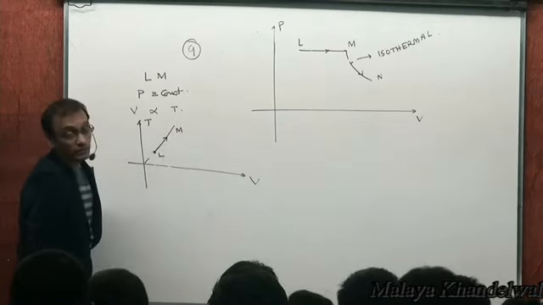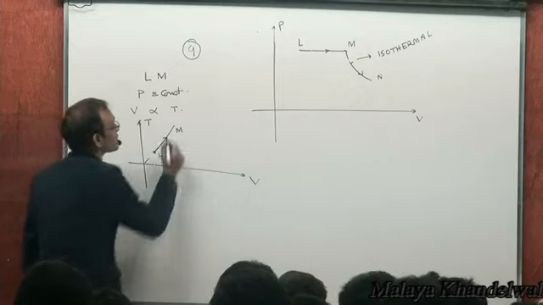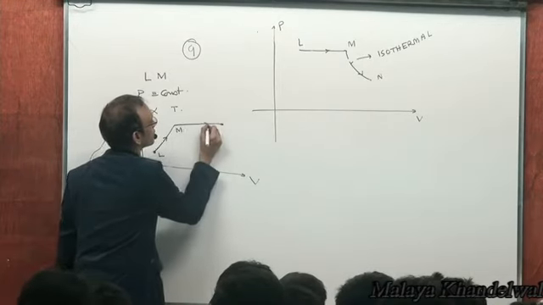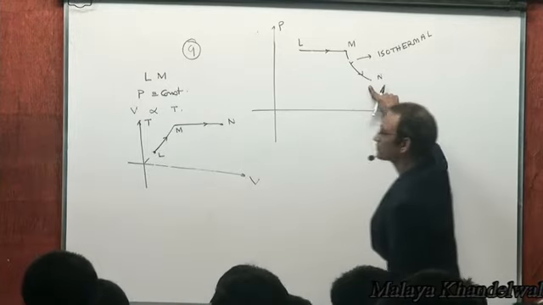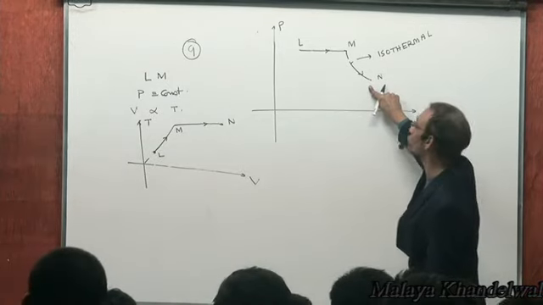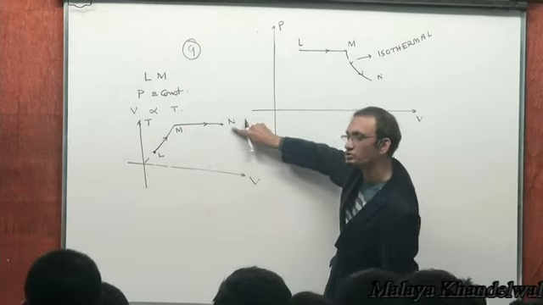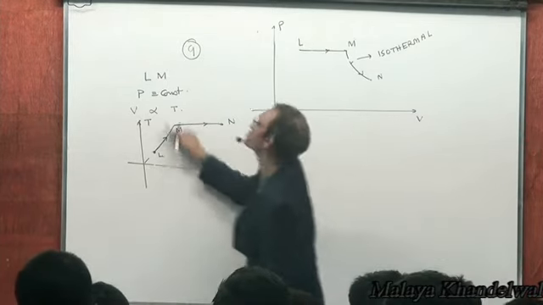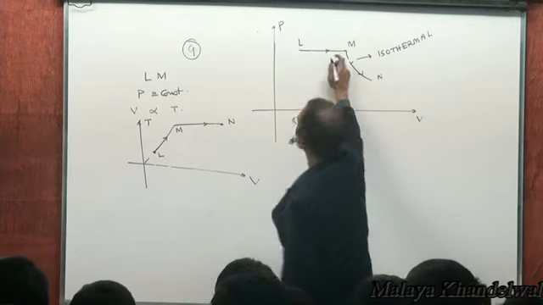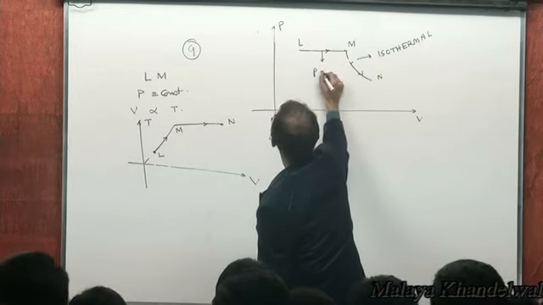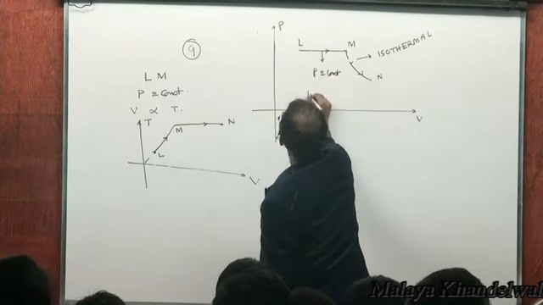And M to N is constant temperature. That's isothermal. Volume increases at constant temperature. Okay, L to M is pressure equal to constant. Now look at PV equal to nRT.